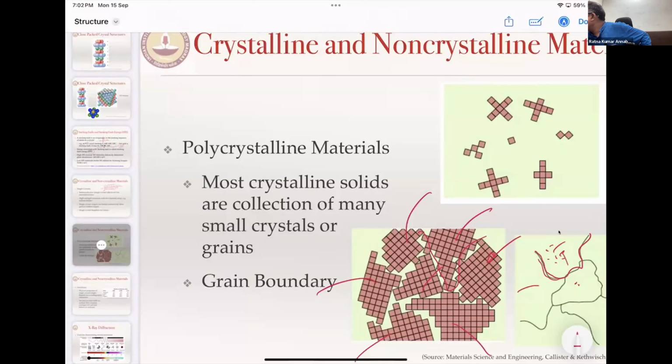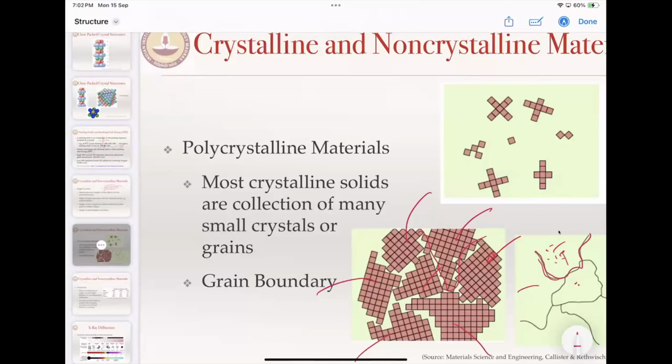Most of the failures in general initiate at the grain boundaries. So we can orient this according to our needs. Yes. So that is what people call grain boundary engineering. By playing with the grain boundary, you can change the material properties. We will talk about it as well in the class. Okay. Any other questions?